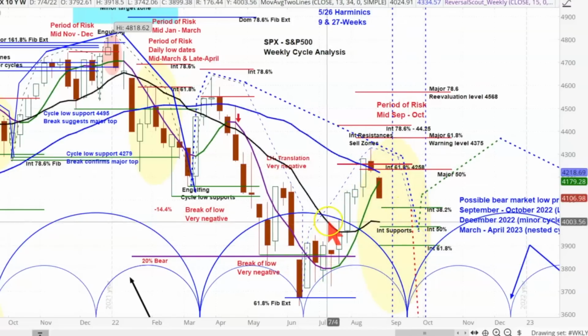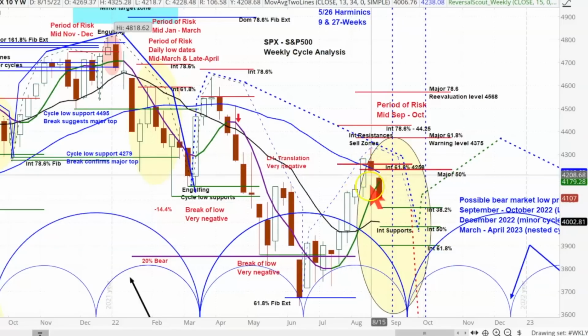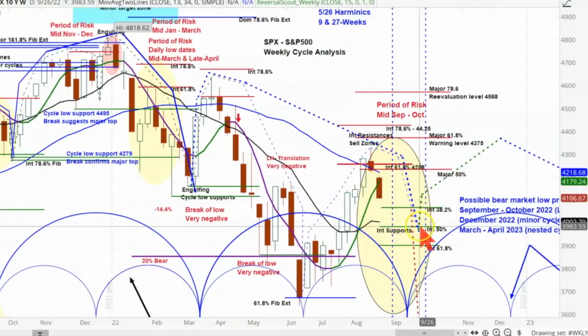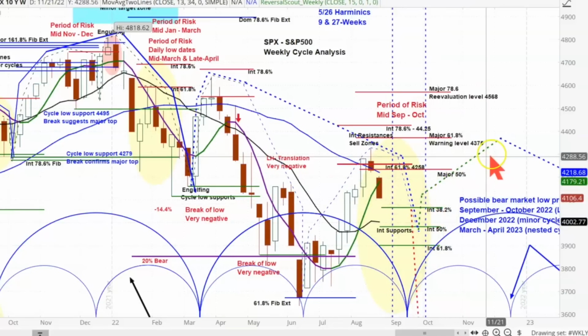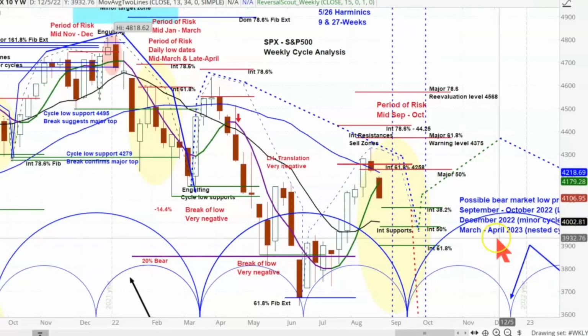Now, because of the length and magnitude of this rally, we have an alternative in here where it may only pull back down to just under 4,000. This support down over here is about 3,900, and it looks to me like that might be the area where it stalls, and then you get another rally in here, and then that big decline that we're looking at out to March, April. So the bear market would just simply continue.